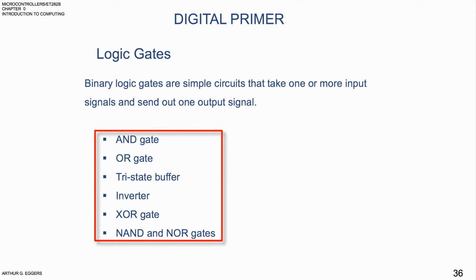It can be AND gates, OR gates, tri-state buffers. You're going to see a lot of tri-state buffers in the use of the microcontroller. Inverters, exclusive ORs, NAND gates, and NOR gates. So you just need to be refamiliarized with the function, the notation, what the math looks like, and what the diagrams look like for these devices.